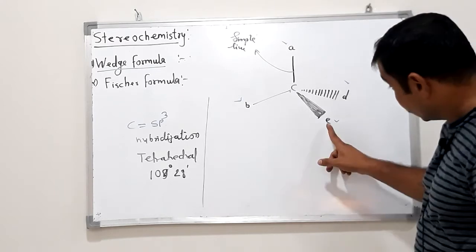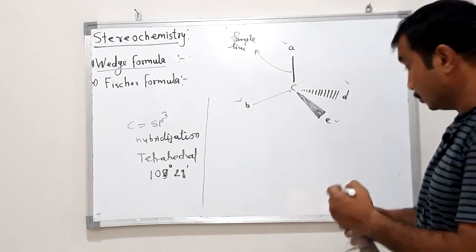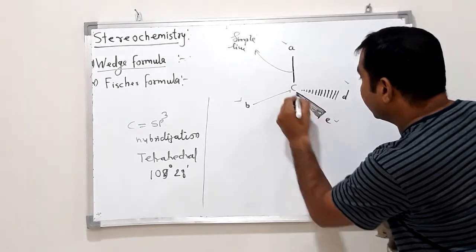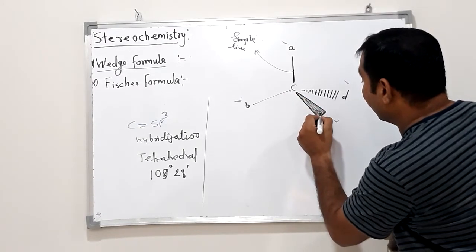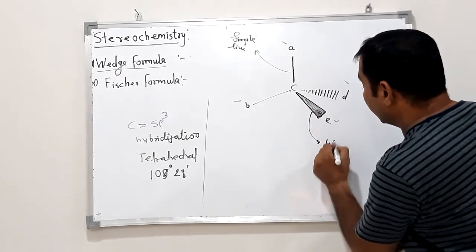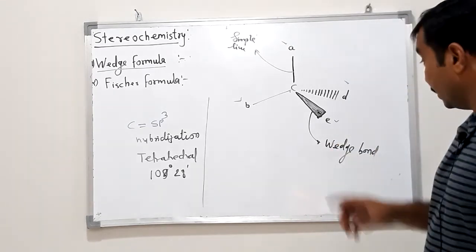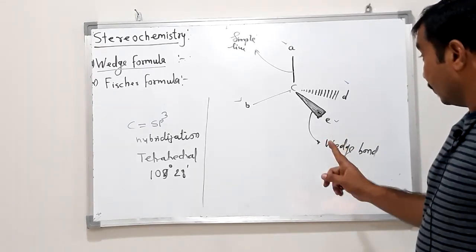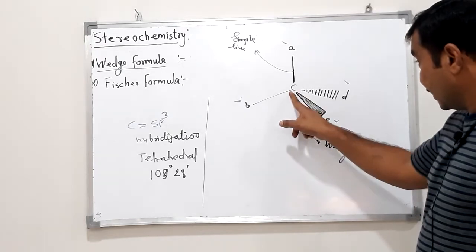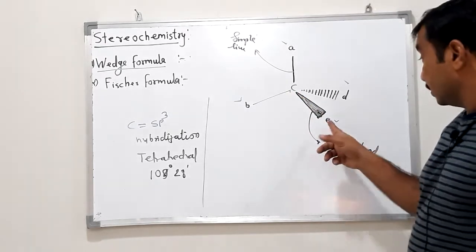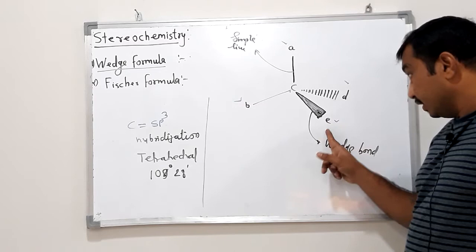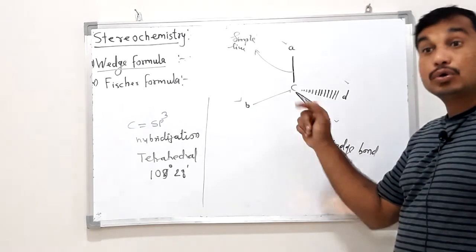Now substituent E is attached to this carbon by this dark bond, and that bond is known as a wedge bond. What is the meaning? When the substituent is attached to C by a wedge bond, it means this substituent E is out of plane.